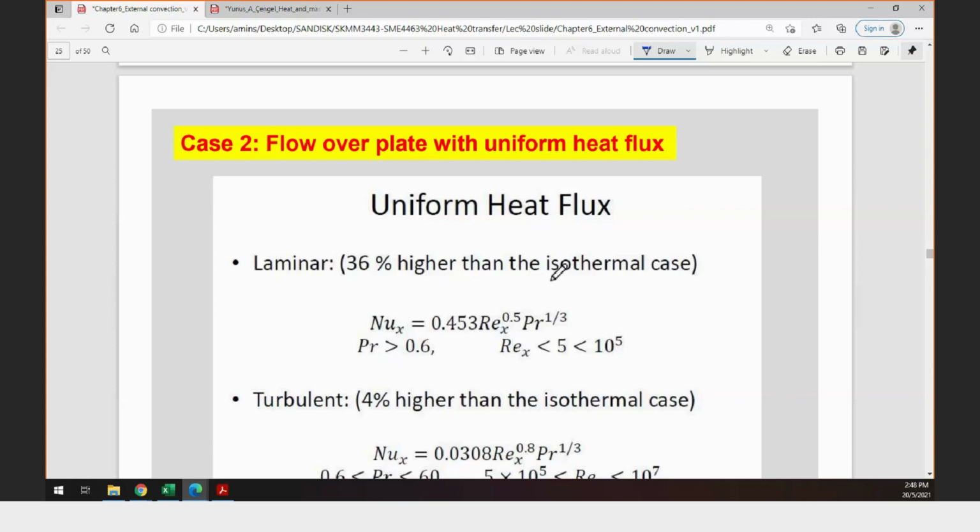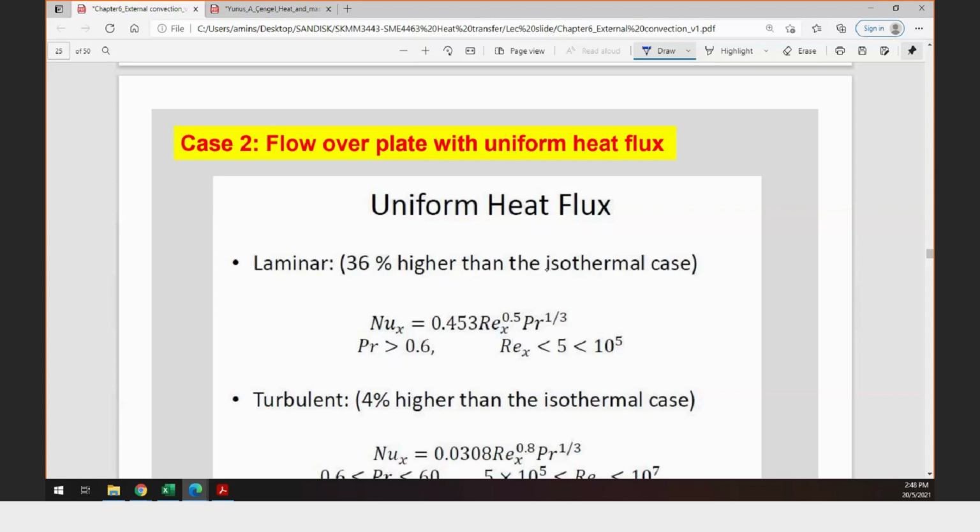The heat flux can come from an electrical heater, or from another source like sunlight, or a heating element from other equipment. So this is a scenario where you need to consider flow over a plate with uniform heat flux.